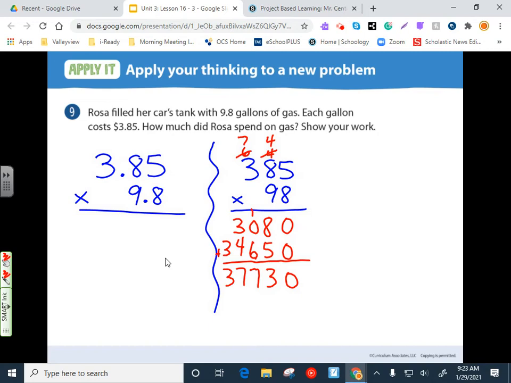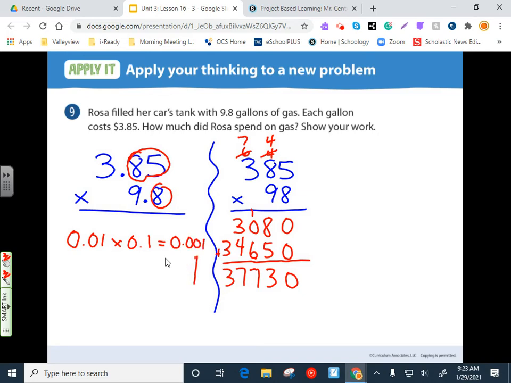This is a little different. So I've got these 2 spaces, a tenths and a hundredths. So that's 0.01 times a tenth. And that will create the thousandths.